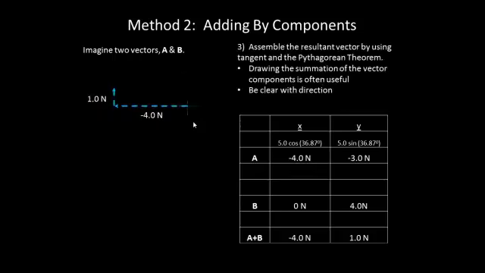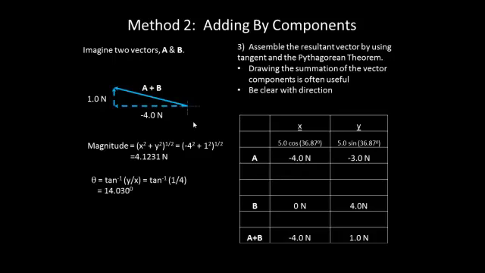Now I basically reassemble this resulting vector by using tangent and the Pythagorean theorem. So go ahead and draw your vector, negative 4 newtons in the x direction, and then positive 1 newton in the y direction. Our summation of these two is the A plus B, and I can find the magnitude by using the Pythagorean theorem, taking the square root of x squared plus y squared, which gives us 4.1231 newtons.